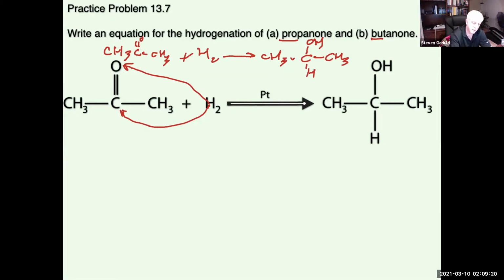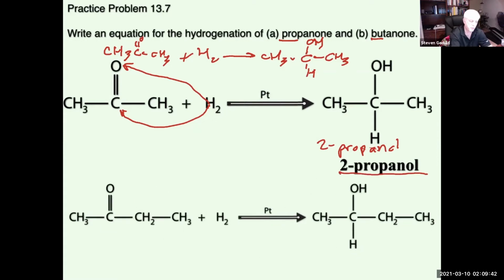And this is propanol, and the OH group is in the number 2 position. And that's 2-propanol.